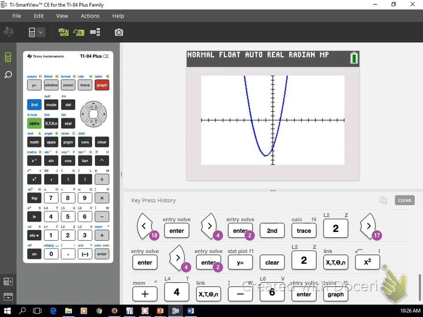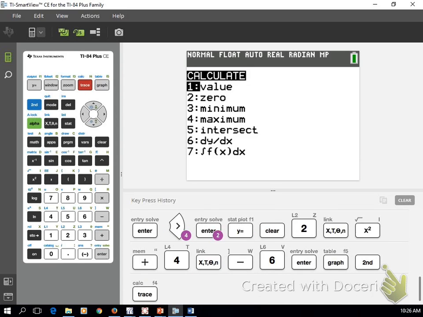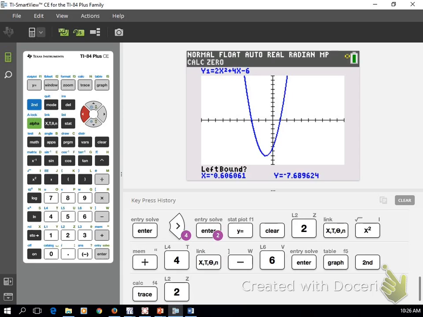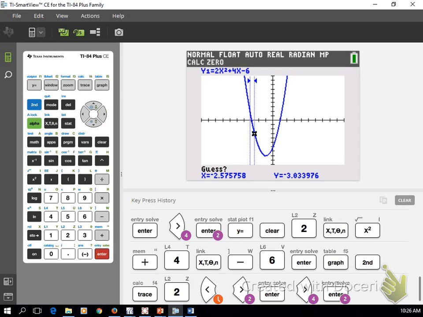Then go graph that. We hit second calculate. We're going to calculate a 0. We're going to left arrow to just to the left of where we think the first solution is, and then hit enter. And so it should have been negative 3.